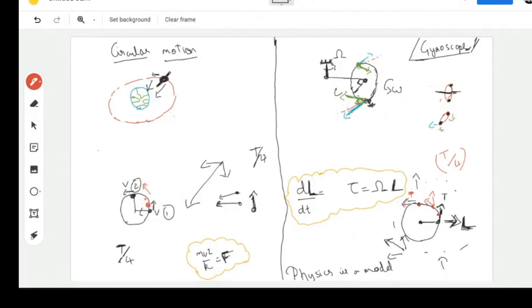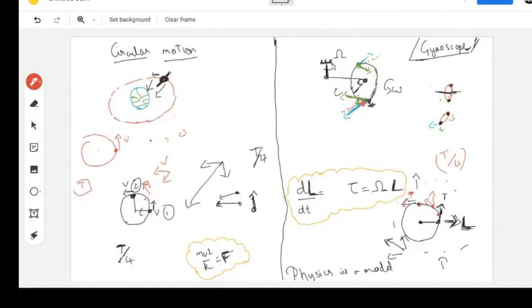Hence in t by 4, the average vector is in this direction, and in t by 4 time period, it caused this vector to reduce and this vector to gain some velocity in this direction. So basically, if I take one full time period t, the average vector is zero vector. Hence, we can see in time t, this did not change any velocity. That's how I explain circular motion.